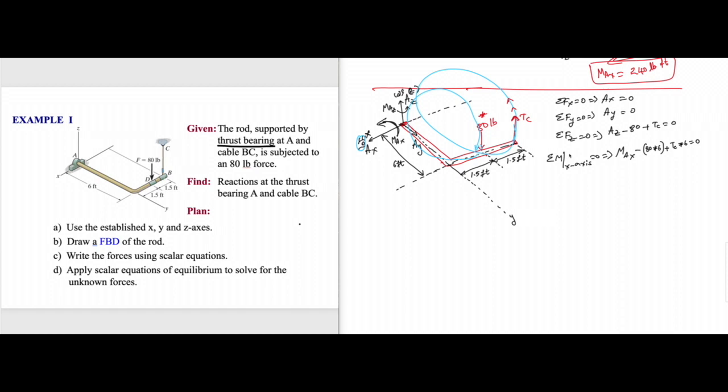Now let's discuss the moment with respect to y-axis. Sum of moments with respect to y-axis is equal to 0 implies, let's start with every force. What about AX? Imagine y-axis. Where is y-axis?